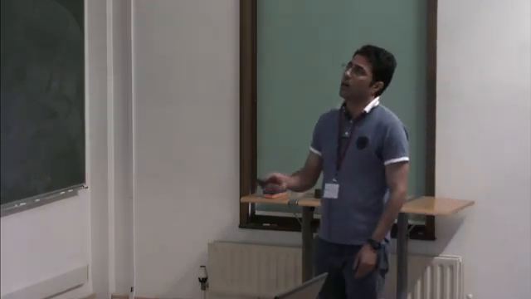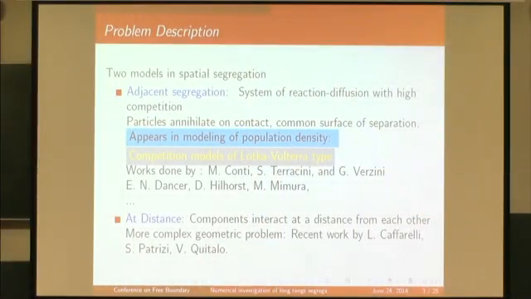The first model is adjacent segregation. So I have a reaction diffusion system with high competition. Assume we have two kinds of species, they interact with each other, and when they come close and see each other, they annihilate and they create an interface.